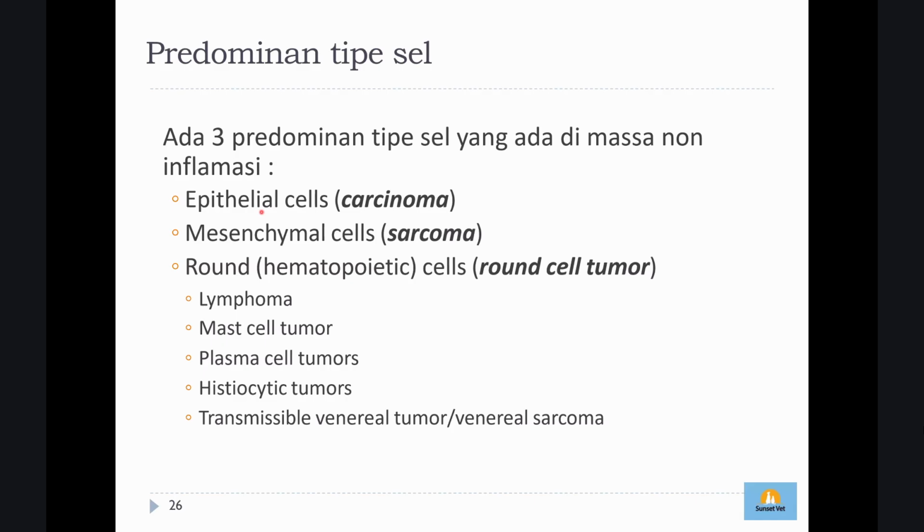I'm not going to say mesenchymal if it's still inflammation. I'm going to think about the fibroblasts first. So I'm not going to say this is sarcoma if it's still inflamed. That's the key. And then for the round cell, there are five types: lymphoma, mast cell, plasma, histiocytic, and the TVT, transmissible venereal tumor.